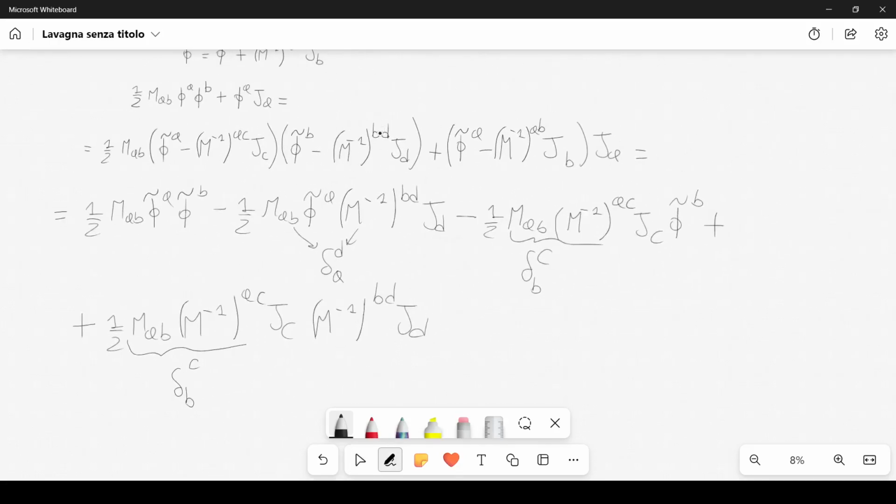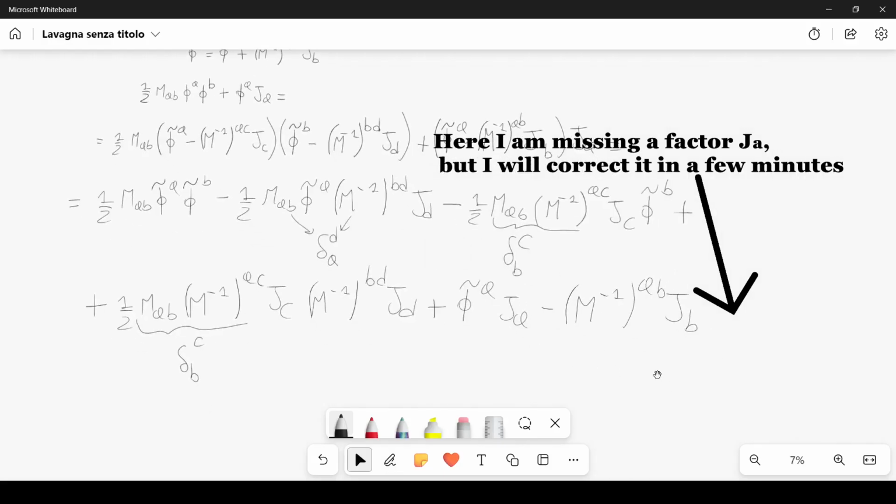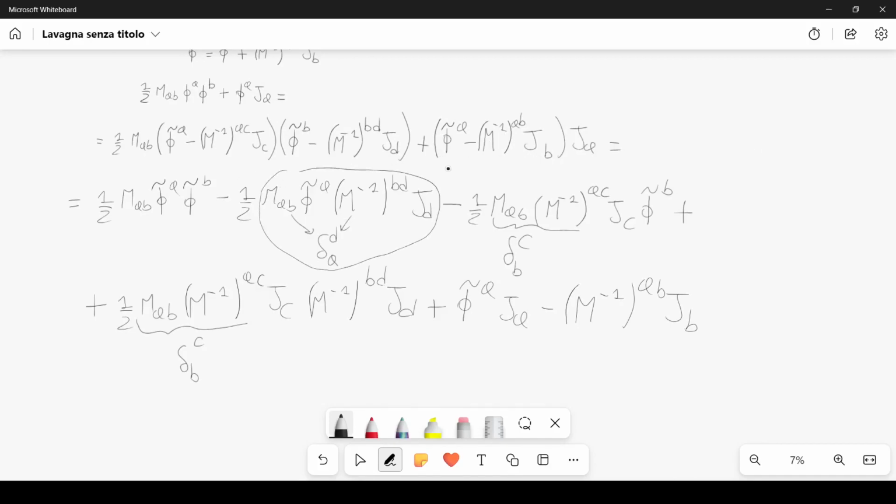And finally we have to consider these terms. So we have plus phi tilde_A J_A minus M inverse_AB J_B. Now when we consider this term, for example, let's consider this term here without the 1/2.